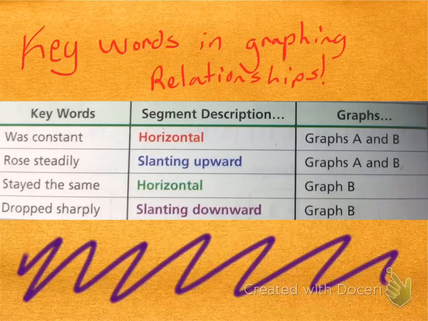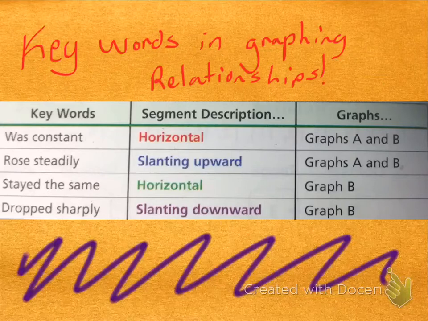Here's some key words in graphing relationships you have to remember. Was constant means you have a horizontal line. Now horizontal means like this. That's horizontal. Alright. Rose steadily means it slightly goes up.